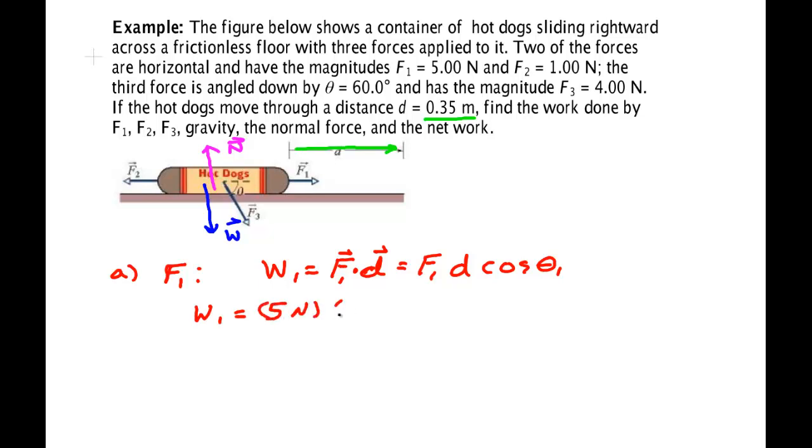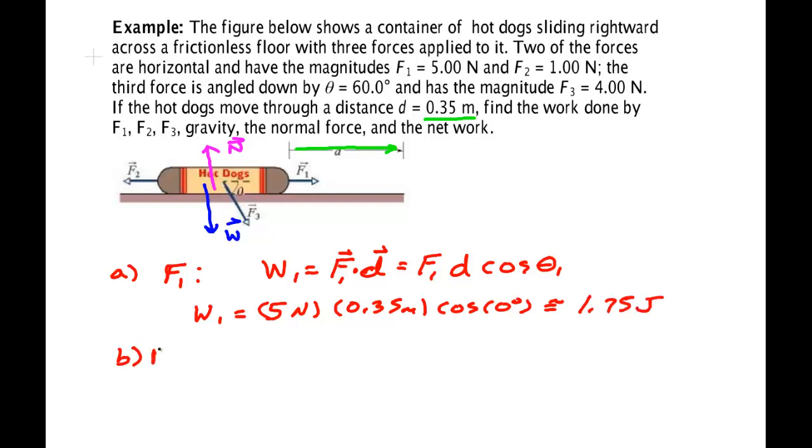I'm told the distance is 0.35 meters. And in this case, the angle between this vector and that vector is 0. Plug that in and I get 1.75 joules.